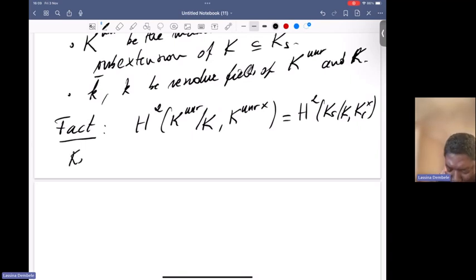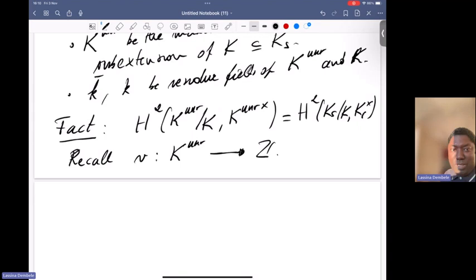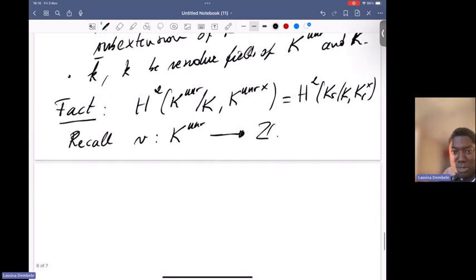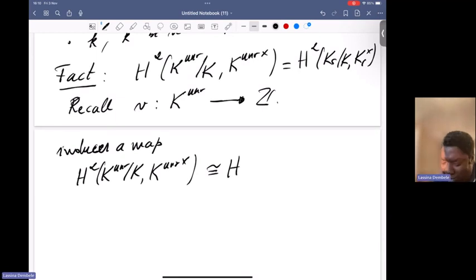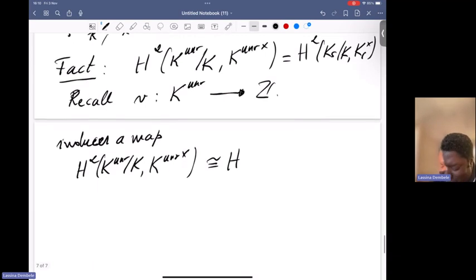You recall that you have this normalized valuation taking values in Z. And if you recall this map, then it induces a map H2 of K unramified over K to K unramified star, which in this case you can show is isomorphic to H2 using the valuation map, evaluating the map.